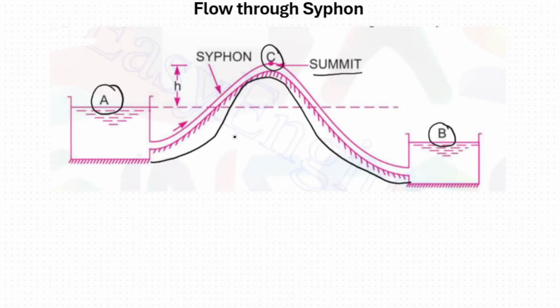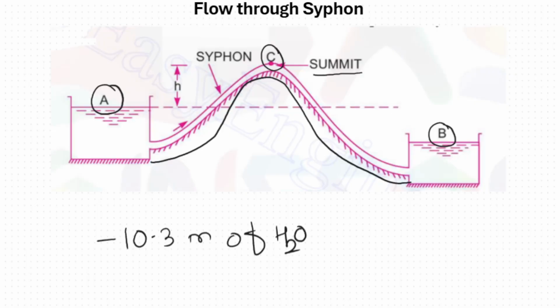So the pressure at point C will be less than the atmospheric pressure. We can easily find out theoretically what may be the pressure, but theoretically the pressure at point C can be reduced up to minus 10.3 meter of H2O column.